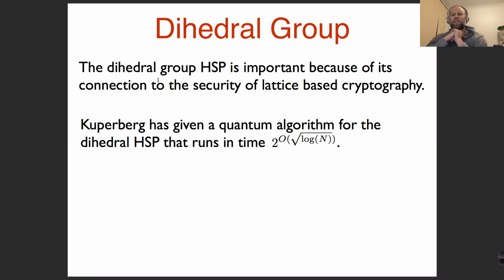The best algorithm that we know of in terms of time for the hidden subgroup problem in the Dihedral group is due to Kuperberg from a few years ago. He gave an algorithm that is sub-exponential time, running in time like 2 to the order square root of log n.